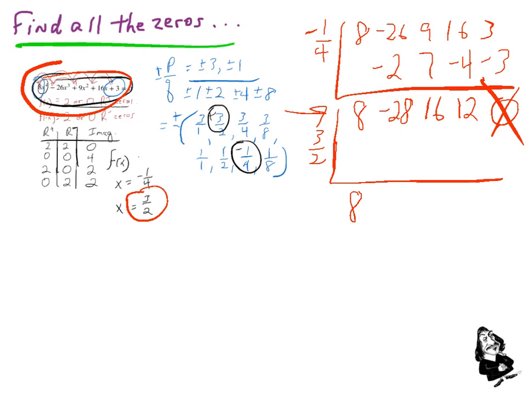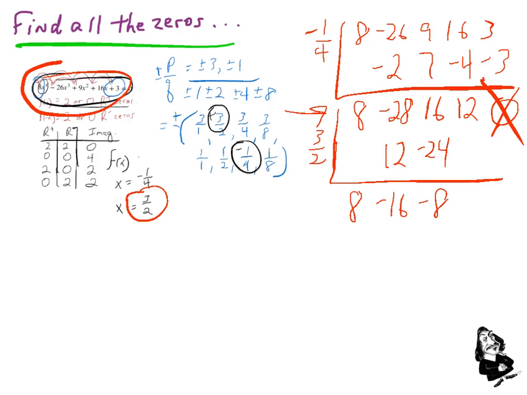We bring down that 8. 8 times 3/2 is 24 over 2, which is 12. Add that up, you're going to get a negative 16. We multiply negative 16 times 3/2, that's negative 48 over 2, which is negative 24. 16 and a negative 24 is a negative 8.